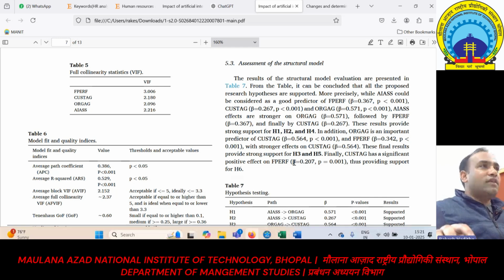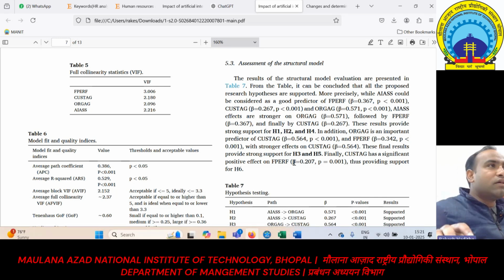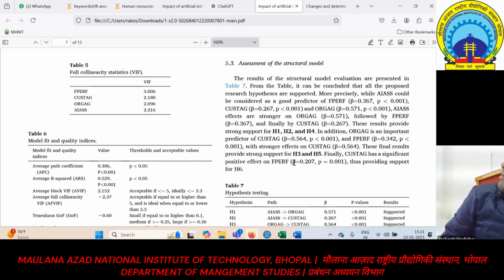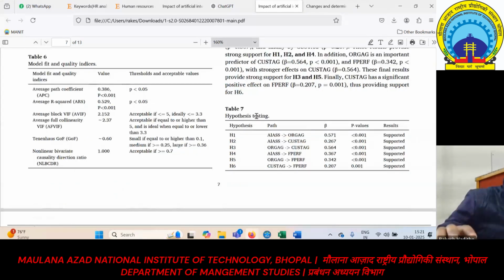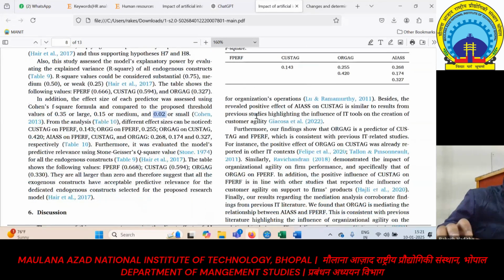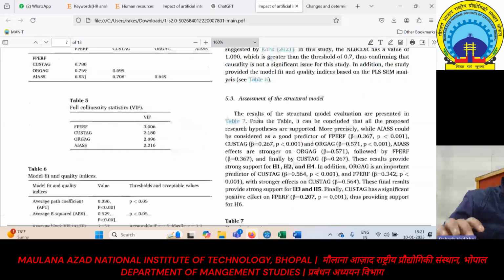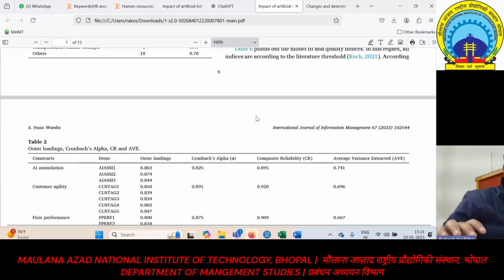You read and tell me. How to do it in HOC, higher order construct? But here no HOC is there.